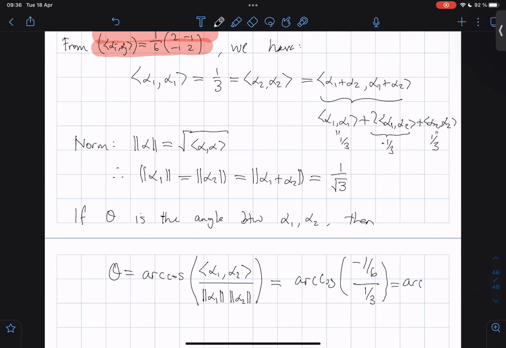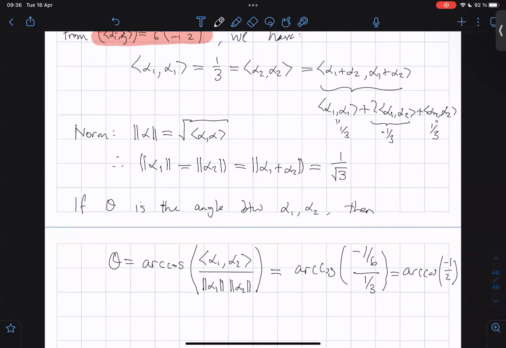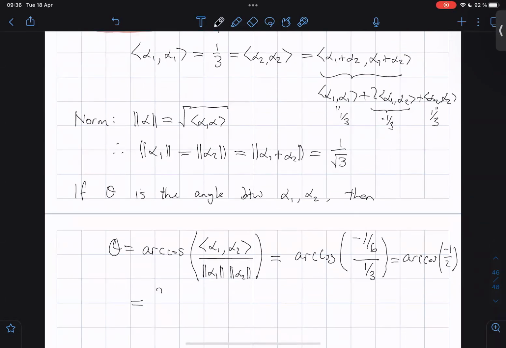So we have arc cosine of -1/2. So what's the angle? The angle, again, from high school geometry, is 2 pi over 3.